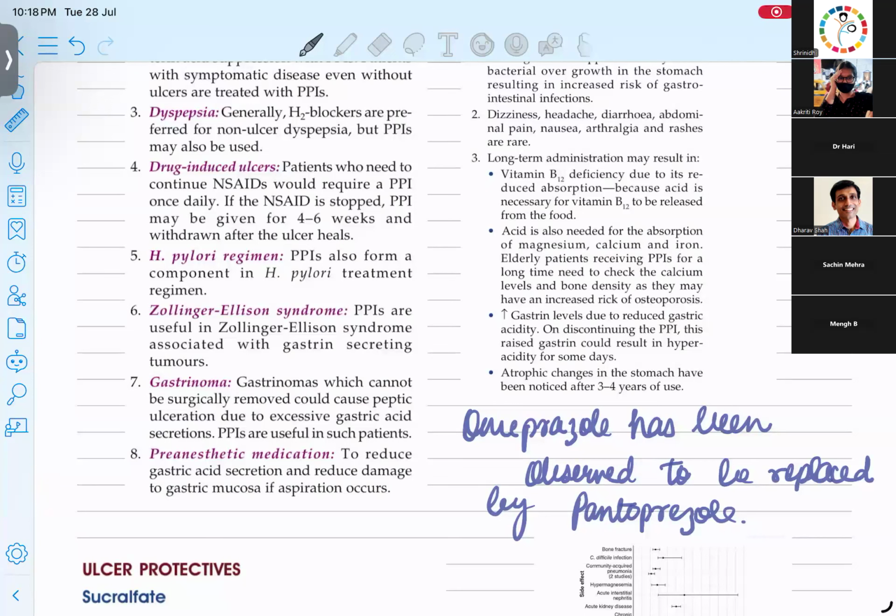PPIs are, as written in Davidson, sometimes used by one school of doctors in large amounts for a very long time because it helps in healing multiple ulcers in ZE syndrome. Gastrinomas, which cannot be surgically removed, could cause peptic ulceration, and PPIs are useful. And as pre-anesthetic medications to reduce gastric acid secretion, PPIs are used.